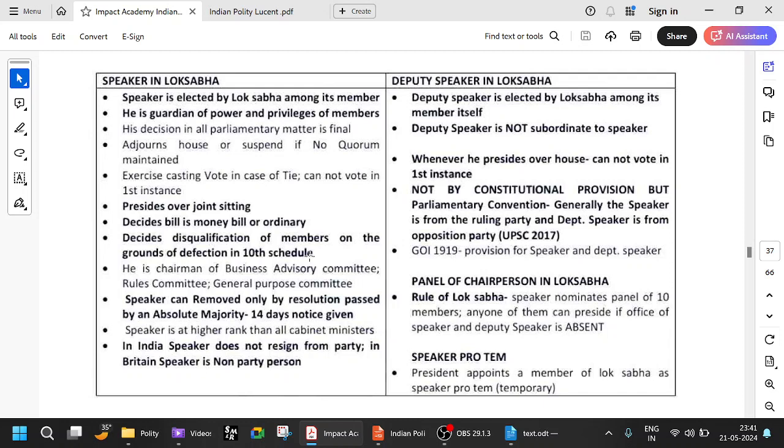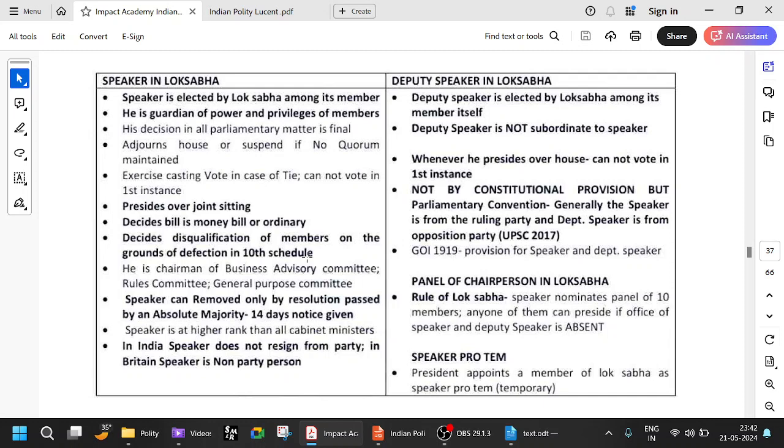Usually the speaker is from the ruling party, right? Whoever has the majority in the house usually elects the speaker from their party. So when defection happens, usually people from the party which has lost come to the party which is ruling.